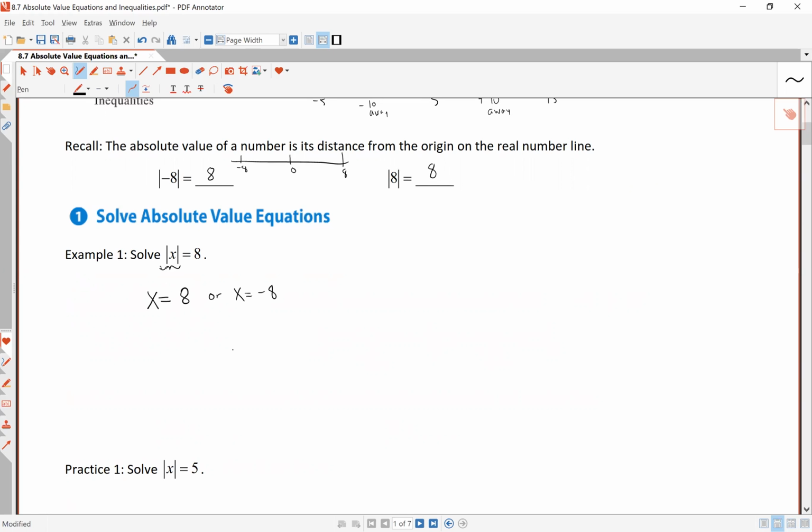So 8 and -8 are the solutions to that equation. So either 8 or -8 has a distance to the origin of 8.